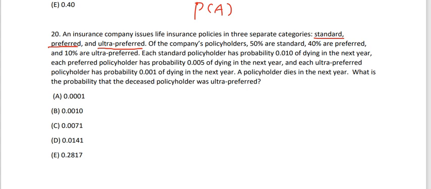Of the company's policyholders, 50 are standard, 40 are preferred, and 10 are ultra. So this is no overlap, right? 50, 40, and 10, so the total is 100.